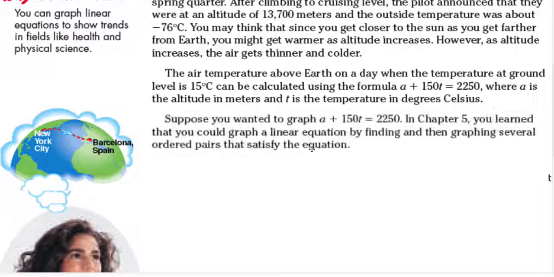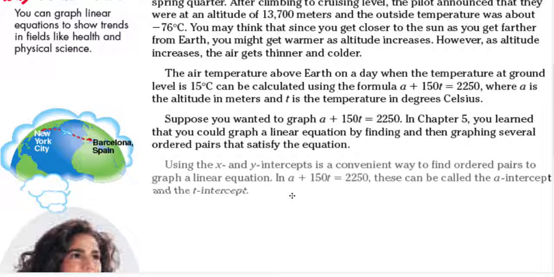Suppose you wanted to graph the equation A plus 150T equals 2,250. In chapter 5, you learned that you could graph a linear equation by finding and then graphing several ordered pairs that satisfy the equation.